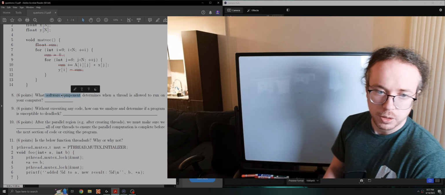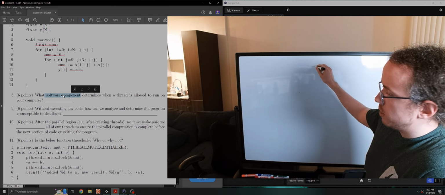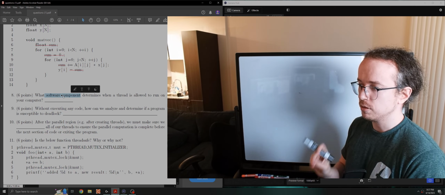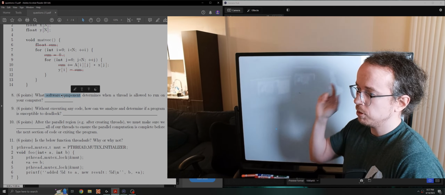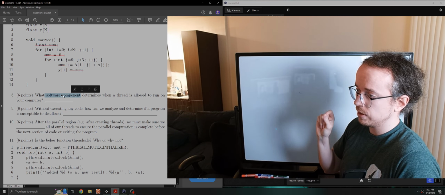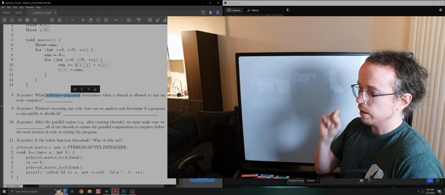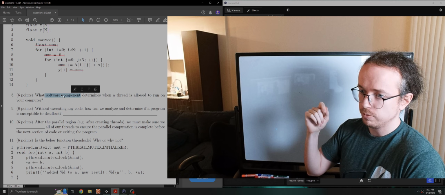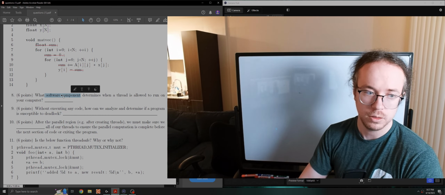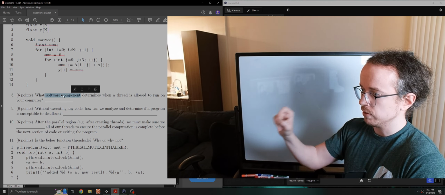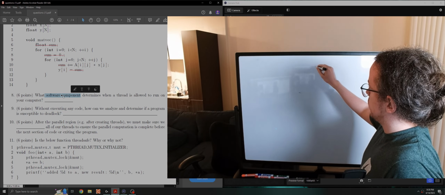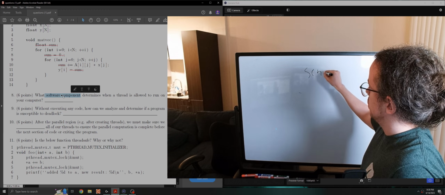What software component determines when a thread is allowed to run on your computer? To be clear, this question is asking you, on your computer, what tells an existing thread to run at a certain time? What software component matches a thread to a hardware core at a specific time? We spent a lot of time talking about this topic.